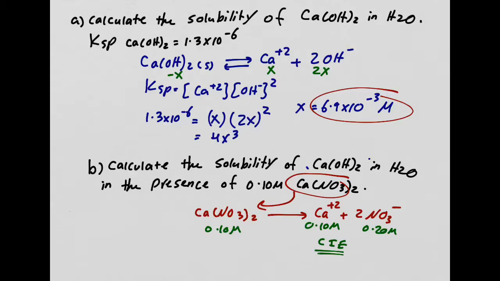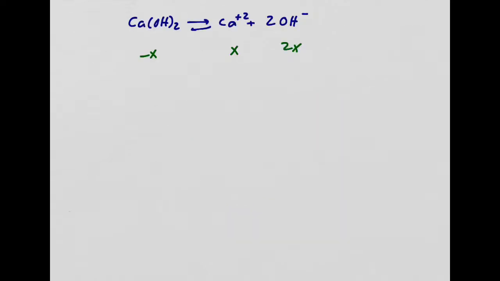I'm not going to use the nitrate, but I just wanted to remind you that you still have to use a mole ratio here. But nitrate is not part of this, and calcium is. And I have 0.10 molar of calcium in this solution before I start.